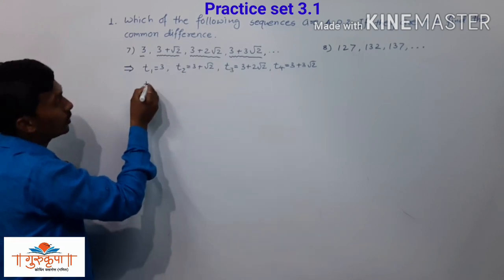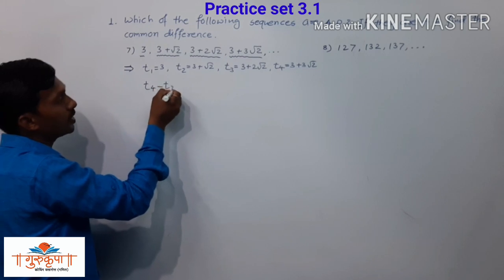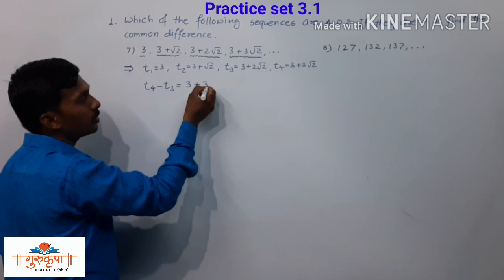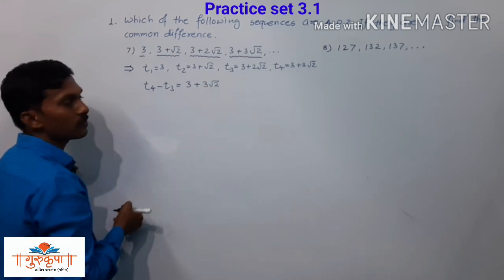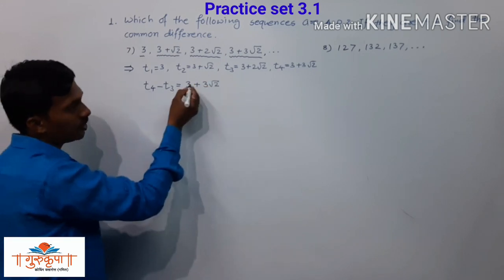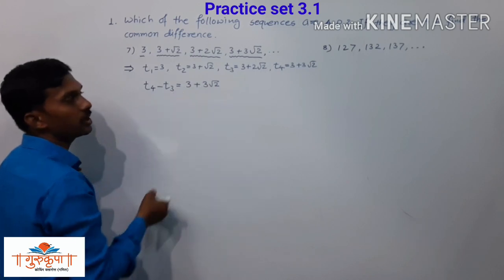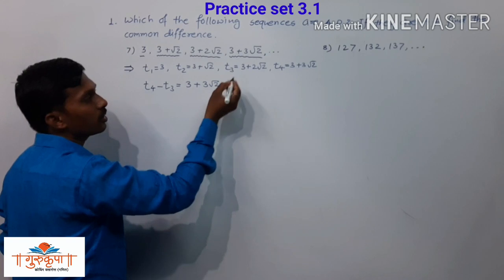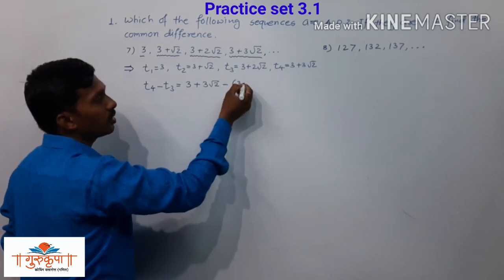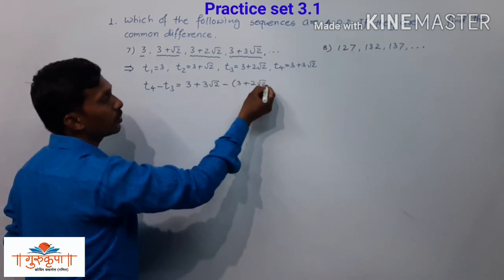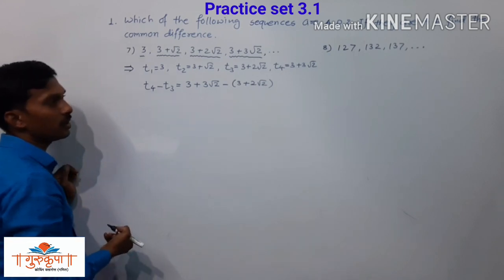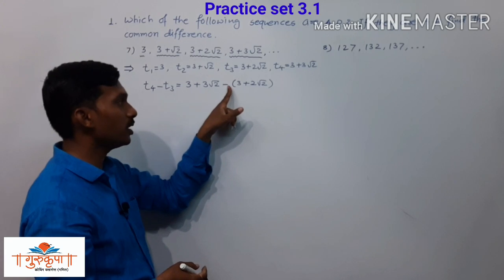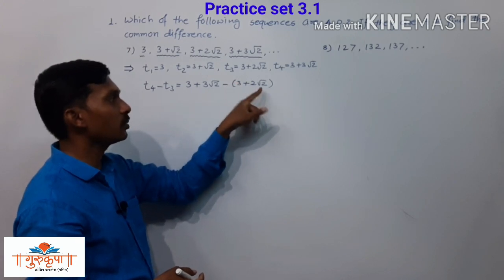Now T4 minus T3 is equal to, T4 is 3 plus 3 root 2, minus T3 which is 3 plus 2 root 2. Here rational and irrational numbers are being added.